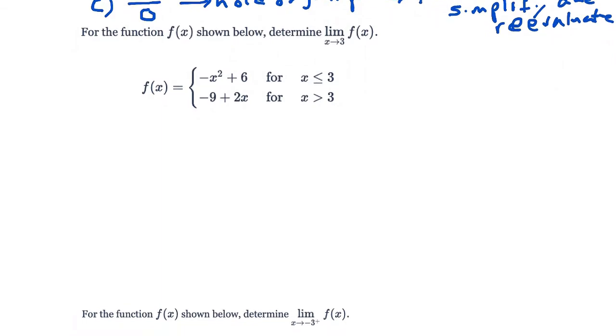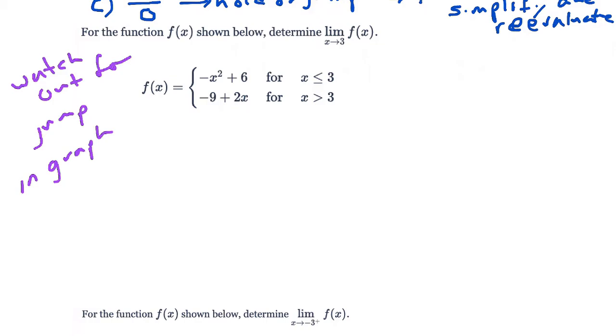Remembering with piecewise functions, the thing you have to watch out for is a jump in the graph. When there is a jump, the limit does not exist. So if you get a jump in the graph, the limit does not exist.